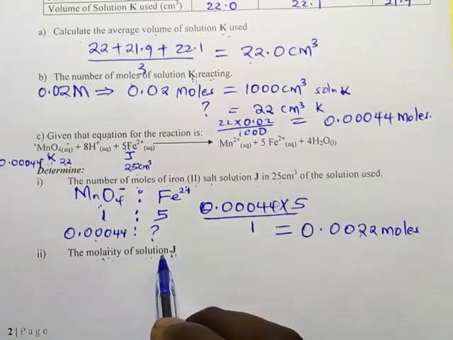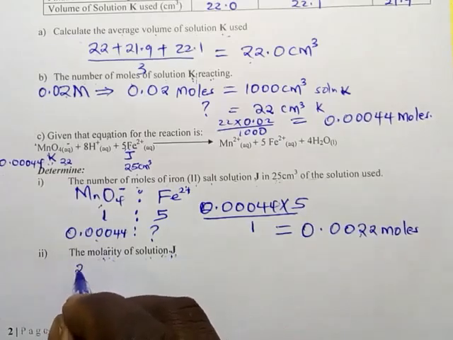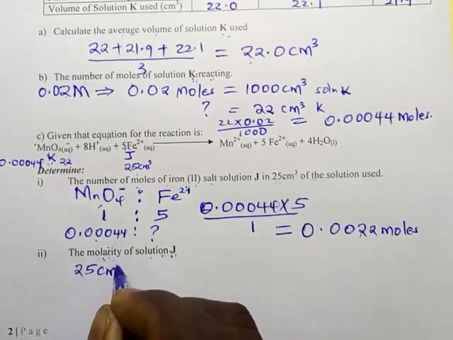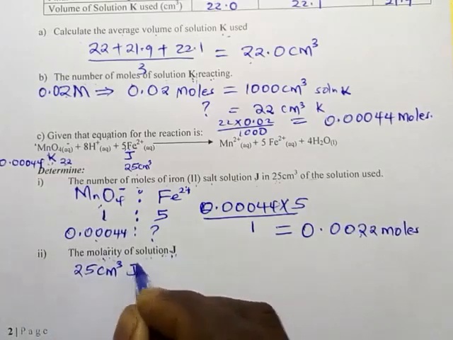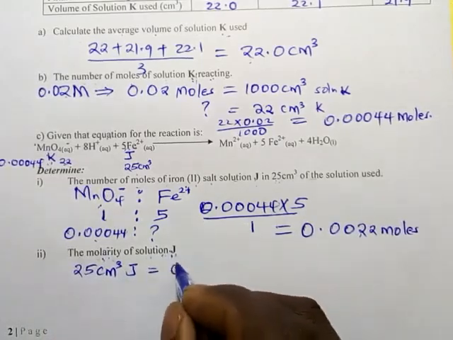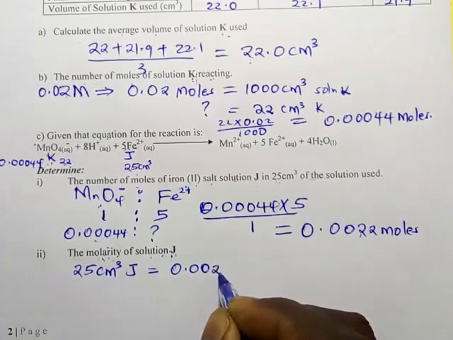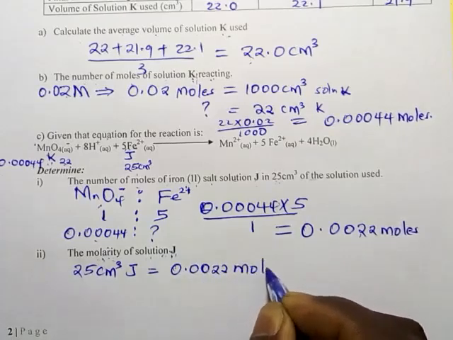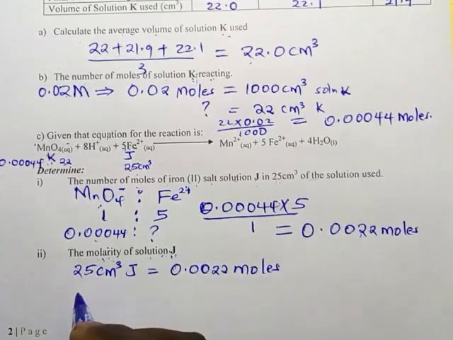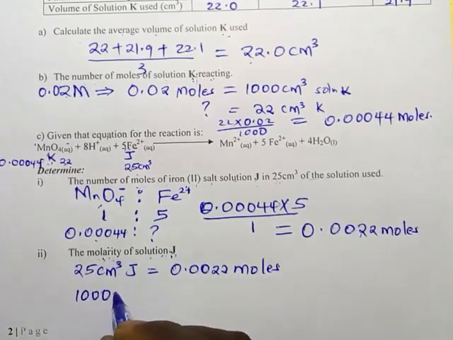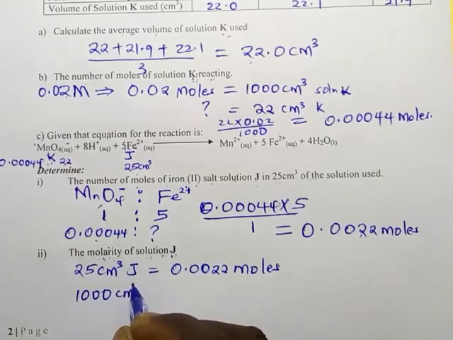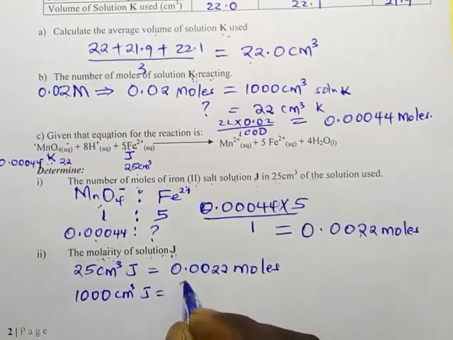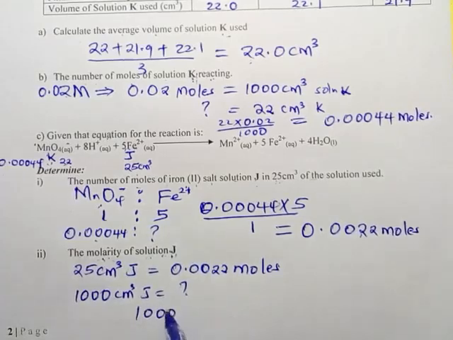What will be the number of moles in 1 liter? 25 centimeters cube of solution J contains 0.0022 moles. 1000 centimeters cube, that is a liter, of solution J contains how many moles?